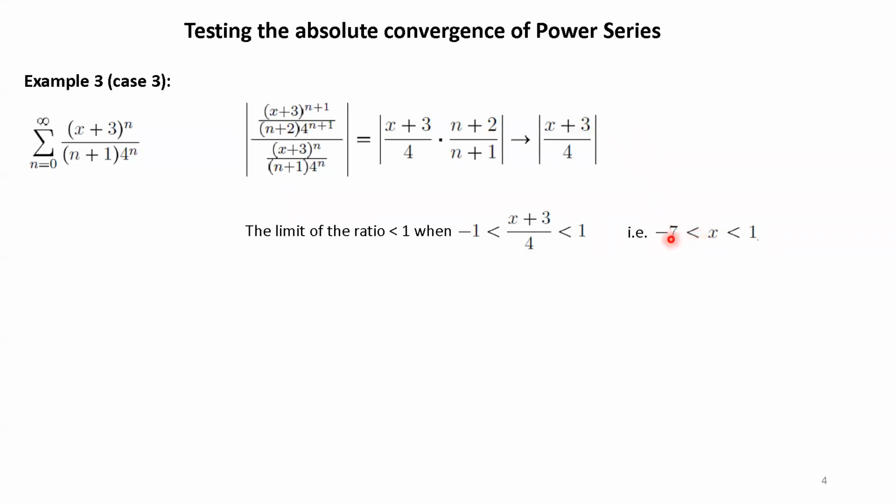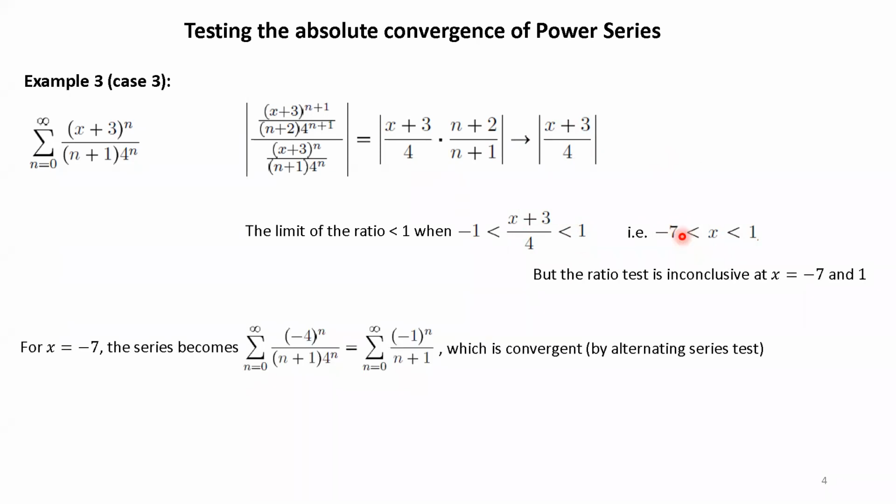Also, if x equals -7, then this one is -1, and the absolute value of that is also 1. That is the situation when the ratio test is inconclusive, so the ratio test does not help us. Then we need another test.